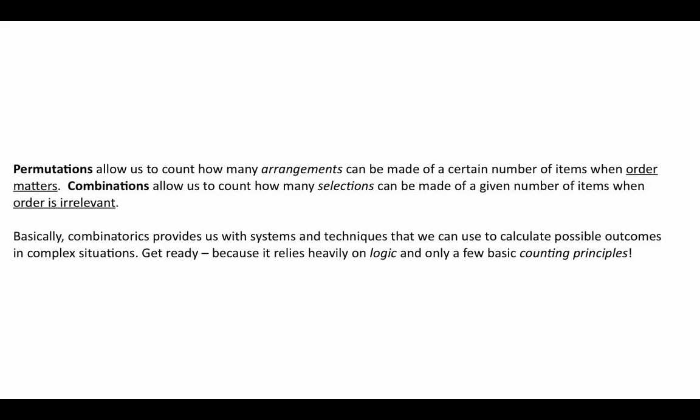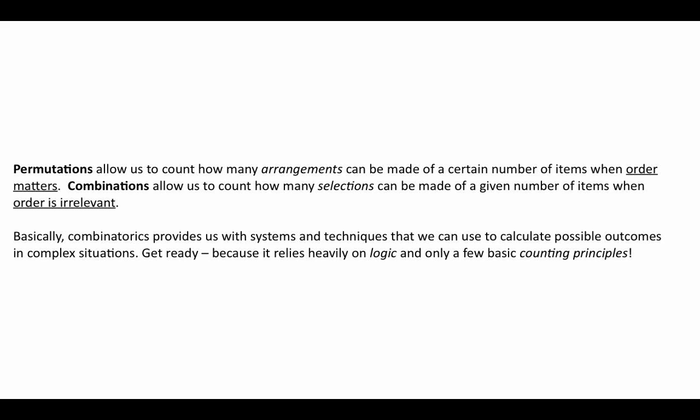You know, a license plate that starts with BBMY is a different license plate than BMBY, right? It gives a different characteristic to that license plate. So permutations really are arrangements of certain objects where order is important.